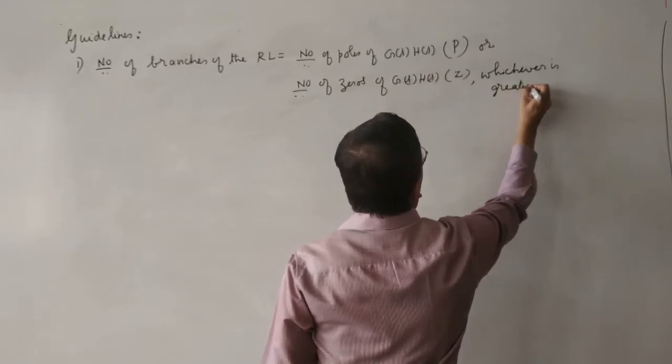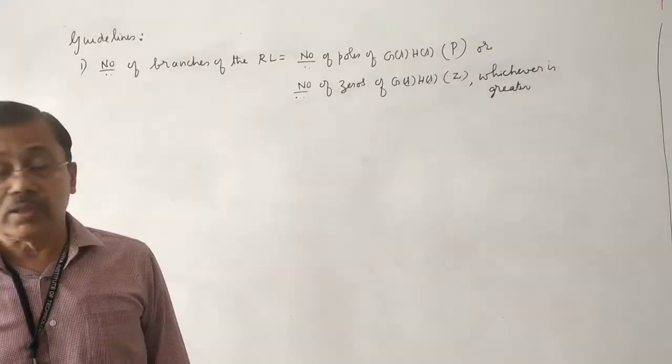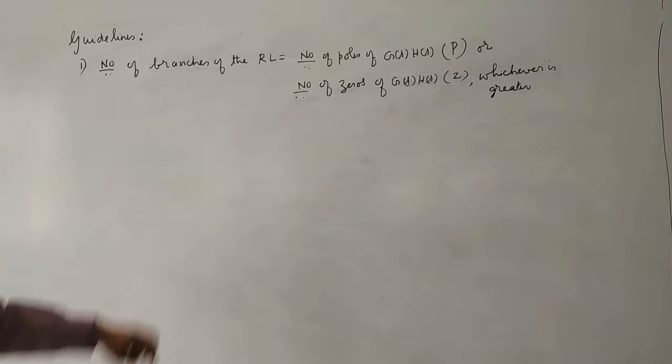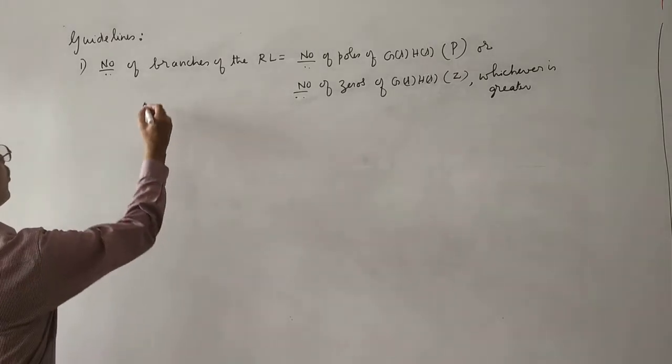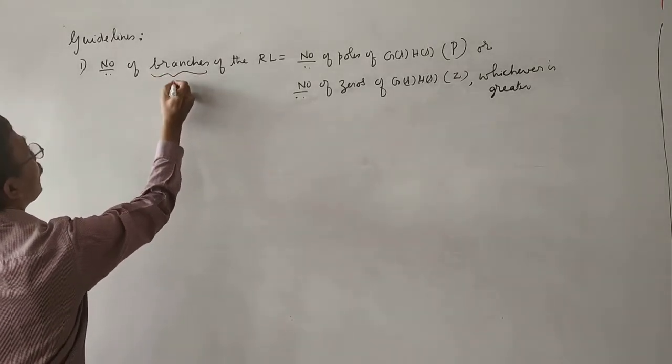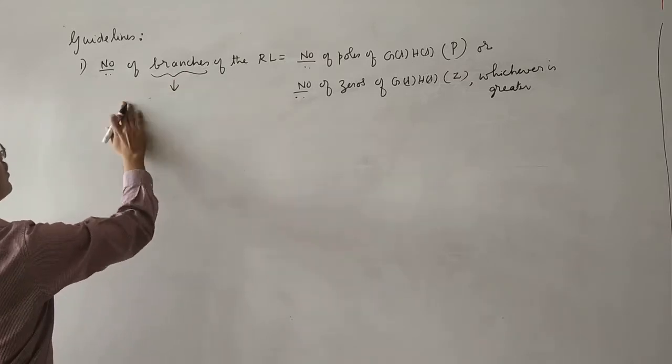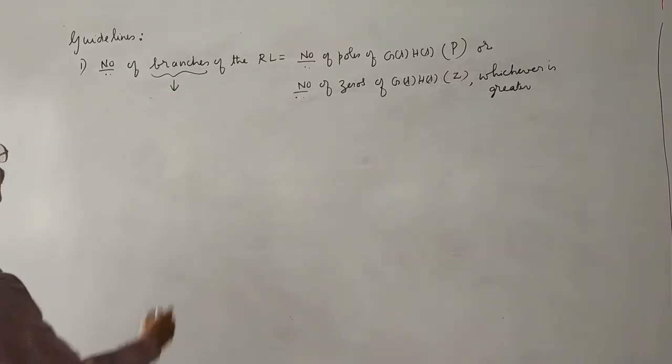So if there are 2 poles and 1 zero, there will be 2 branches of the root locus. Branches of the root locus are also called loci, root loci.